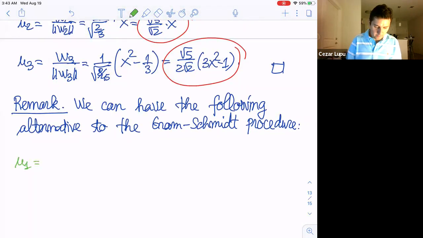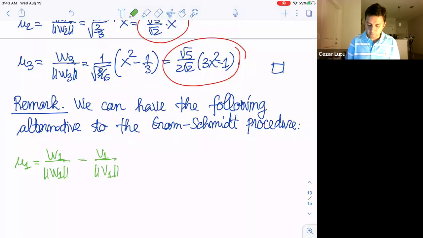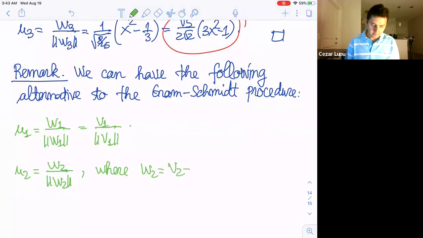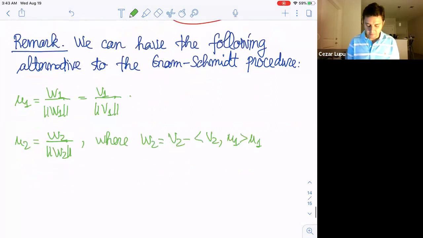So U1 will be W1 over the length of W1, which is nothing else than V1 over the length of V1. And now U2 will be W2 over the length of W2, where W2 is nothing else than just V2 minus the inner product between V2 and U1, U1. Yeah, that's actually simpler.